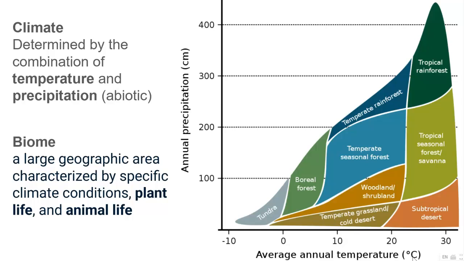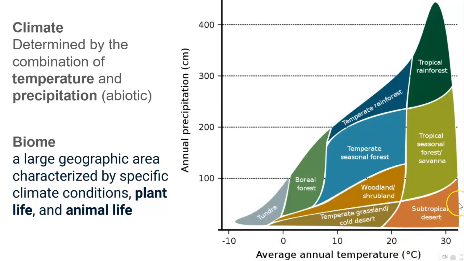And we can see that different biomes, okay, a tropical rainforest, for example, would have a very high average annual temperature, but it would also have a very high amount of annual precipitation. Okay. On the other end of that is the tundra, where we have not very much rainfall at all, probably some of the lowest amounts of rainfall and a very low average annual temperature.